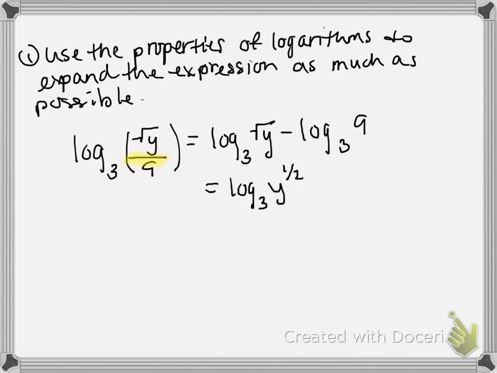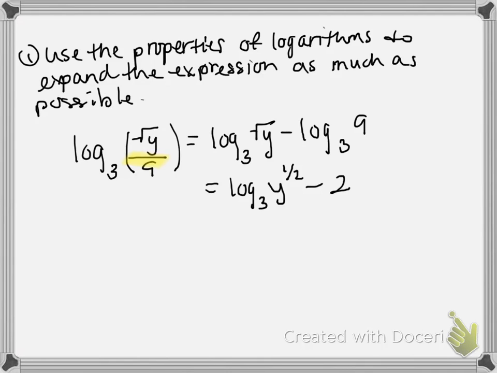That's because square root and 1/2 power are the same thing. I'm also realizing that log base 3 of 9 is 2 because 3 squared would give me 9. So that tells me that 3 to the 2nd power is 9, so log base 3 of 9 is 2.